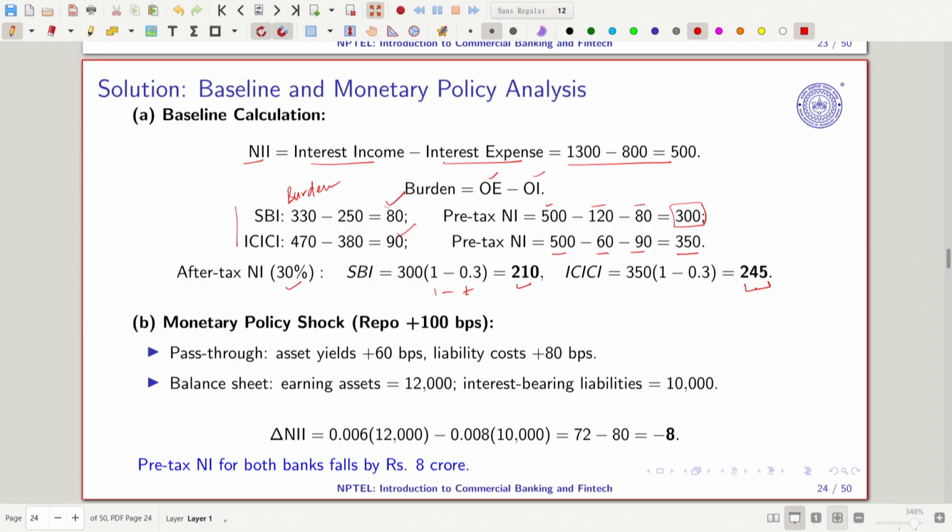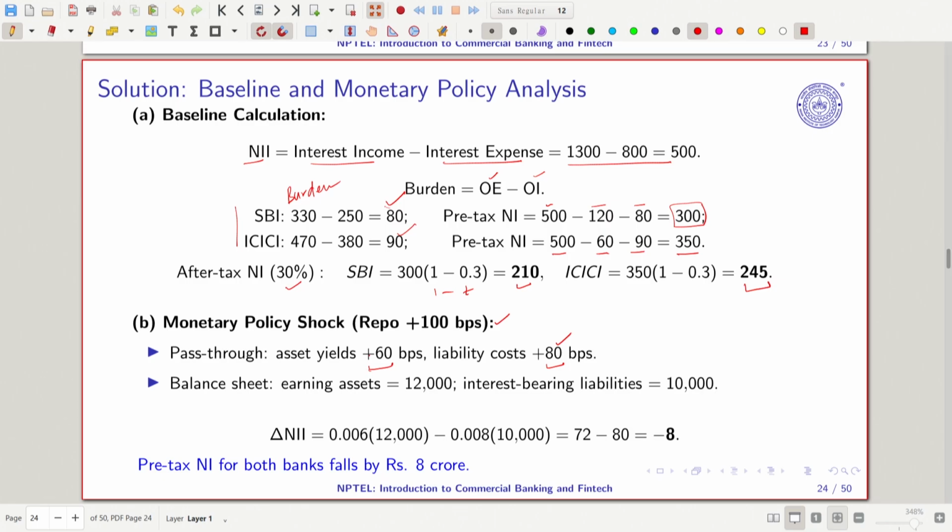In the same way, suppose a repo rate increases by 100 basis point and pass through, we are seeing that asset side it is passing 60 basis points increase, but liability cost is high. So bank is more generous, so out of 100 basis point increase, bank is passing 80 basis point as a liability cost and 60 basis point only it is passing on the loan, right.